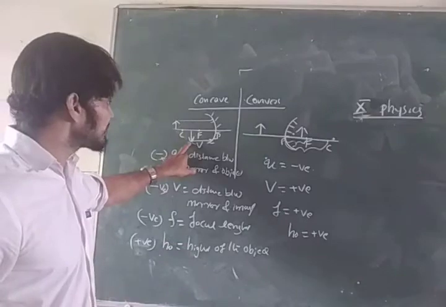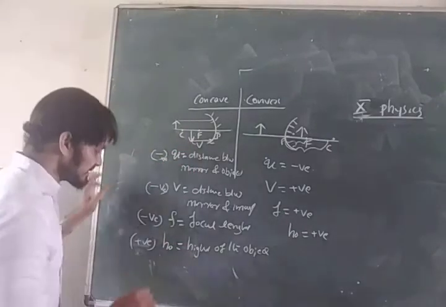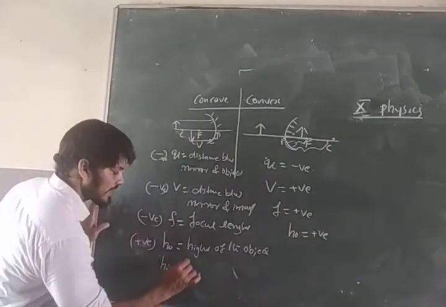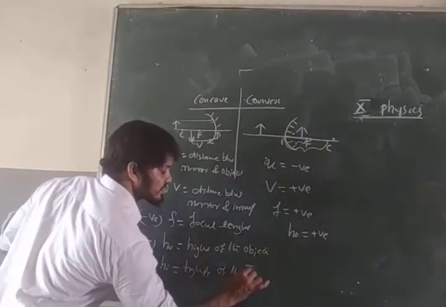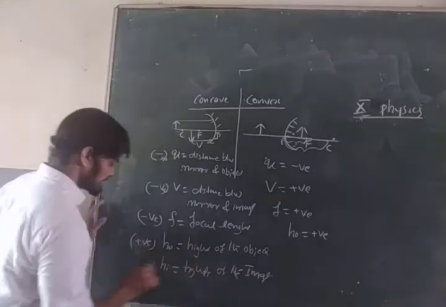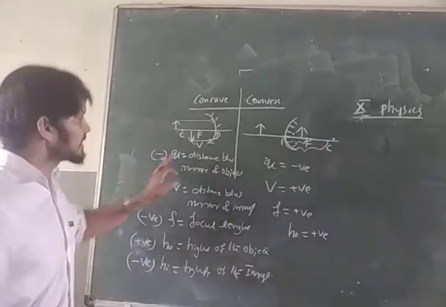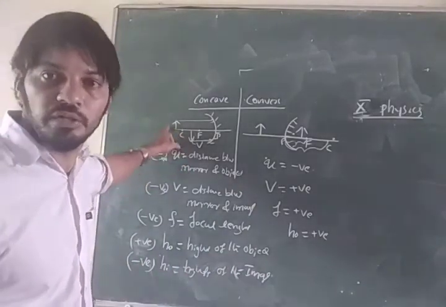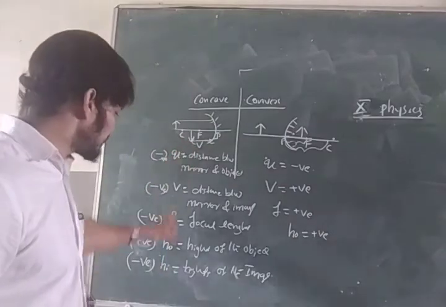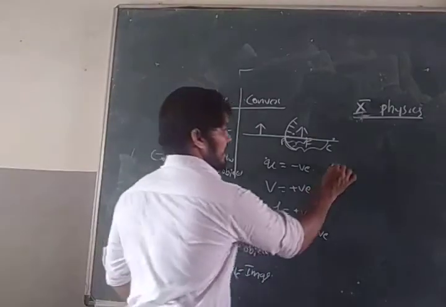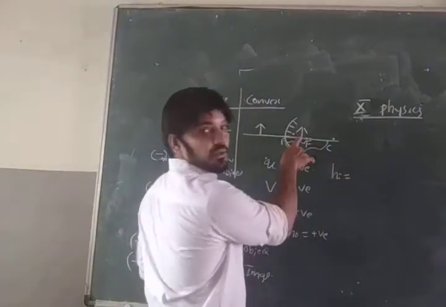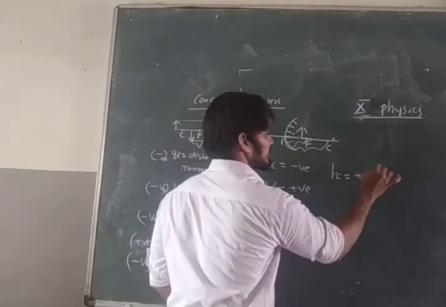But the image arrow mark is downward, so HI, the height of the image, is negative. Why negative? Downward. Arrow mark upward means positive, arrow mark downward means negative. But there, HI upward means positive.